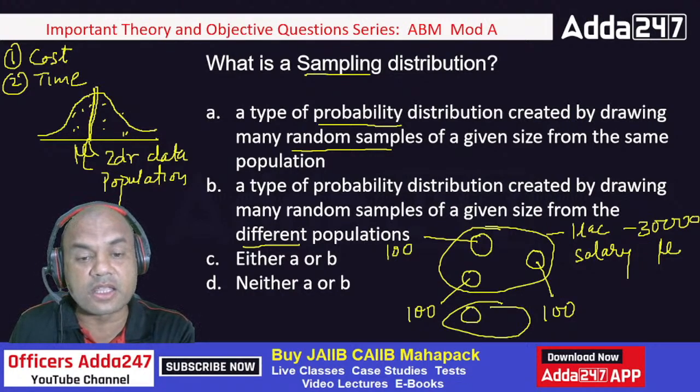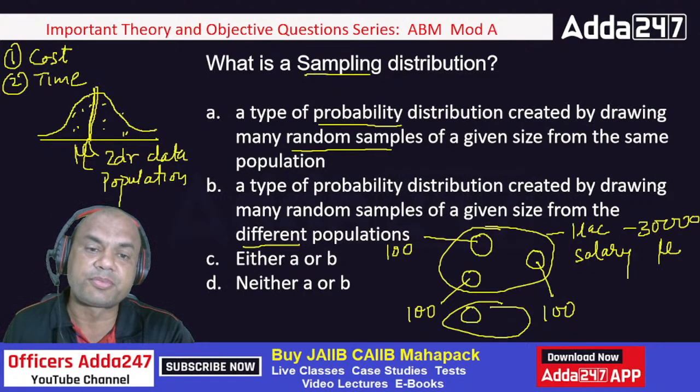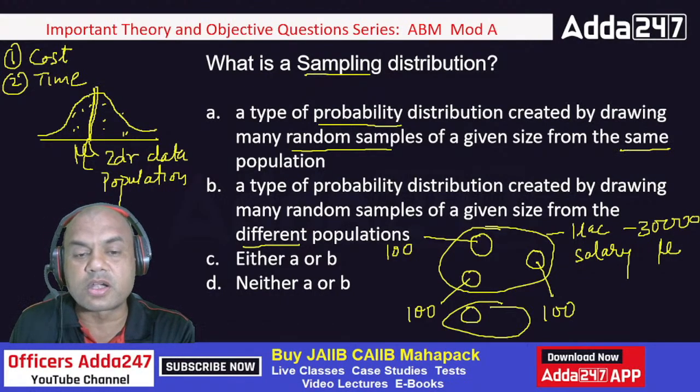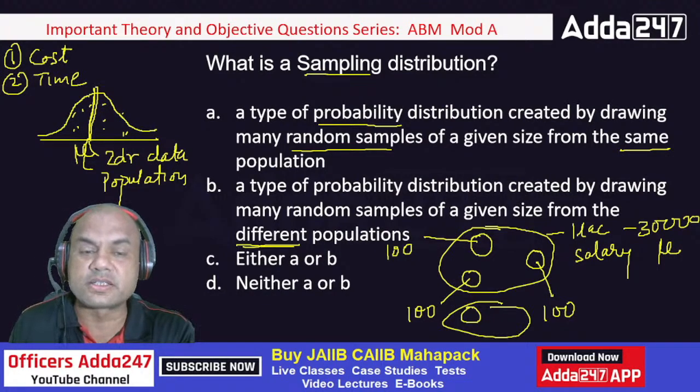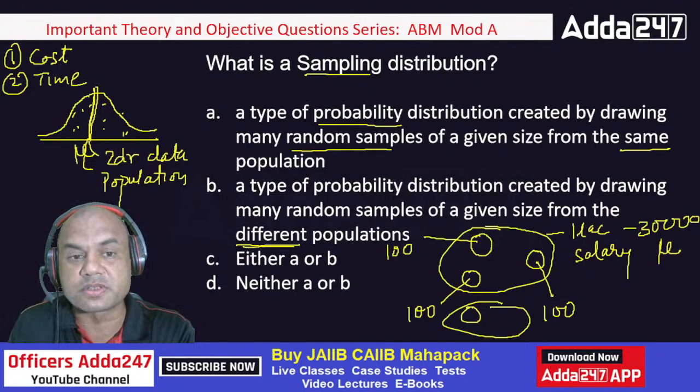Is it either A or B, both of them, or neither A nor B? So what is the answer, everyone? The crux point here is same or different. Is it the same population? This is the probability distribution created by drawing random samples.